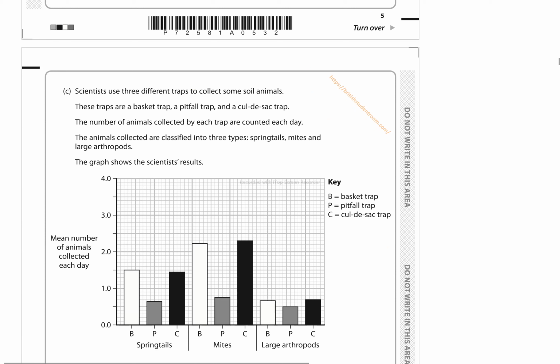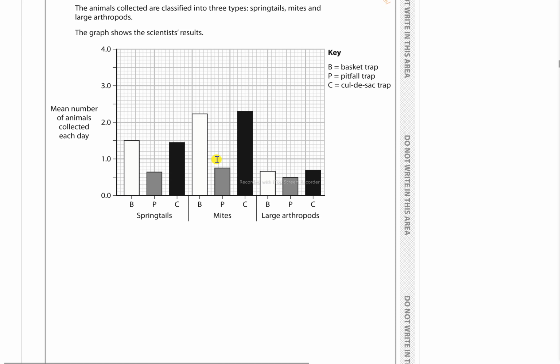Right, this one is a weird one. I found this a bit difficult or strange. Right, so what you have here, let's write it here. If you look at the mites, if you add these three, they're much more than the others.